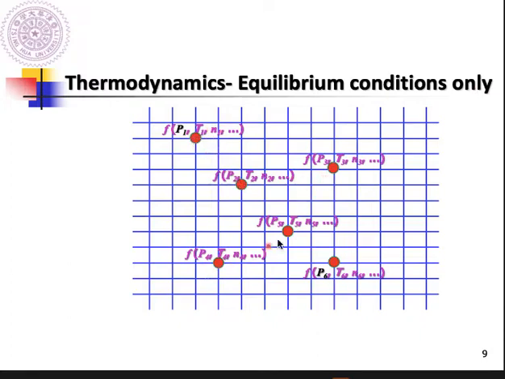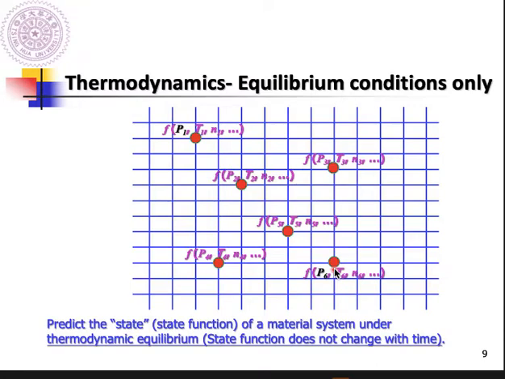Now if we have six states, 1, 2, 3, 4, 5, 6, in each state you can see the pressure, temperature, and composition are slightly different between states. For these six states we labelled, you can predict the state functions of the material system by equilibrium thermodynamics.